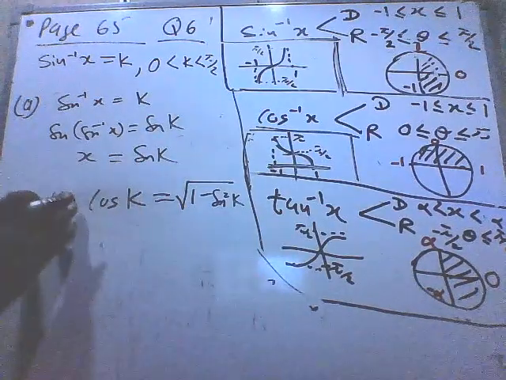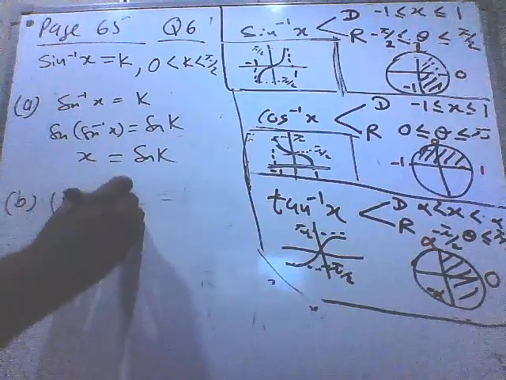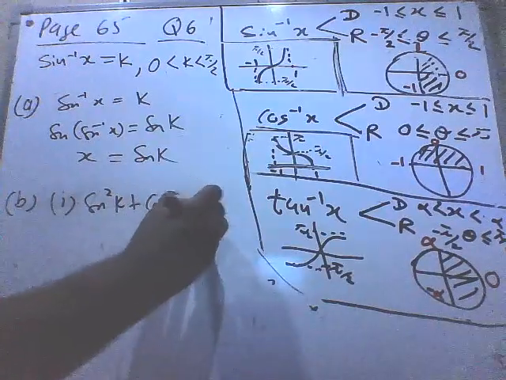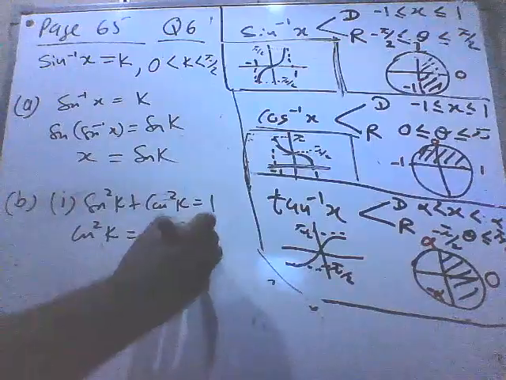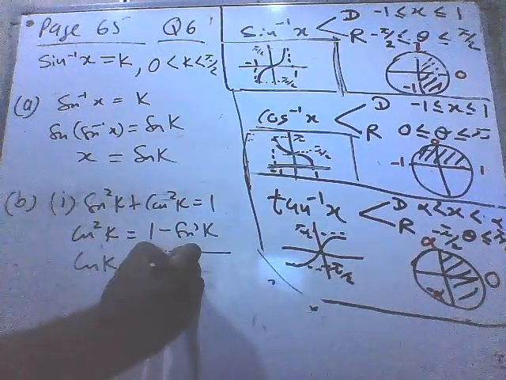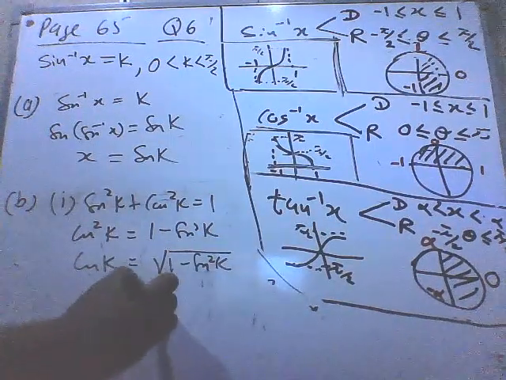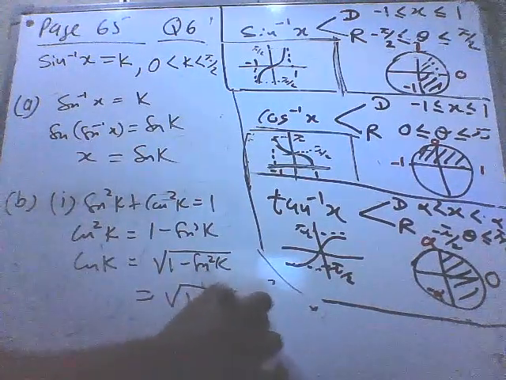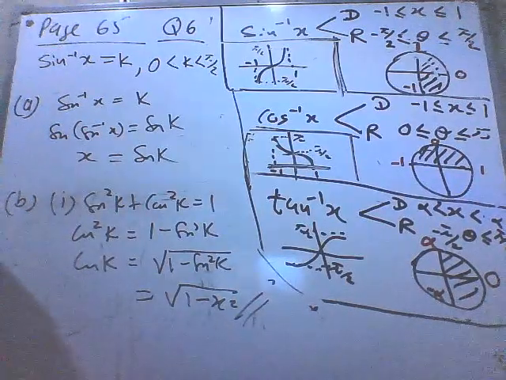Or else we can do the normal method: sine squared k plus cos squared k is equal to 1, and then cos squared k is equal to 1 minus sine squared k. So cos k is equal to square root of 1 minus sine squared k. Sine squared k is x squared, so that would be square root of 1 minus x squared, right?